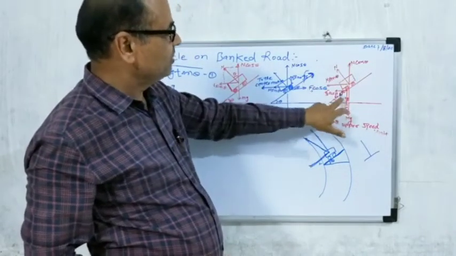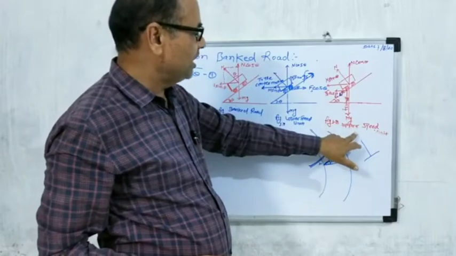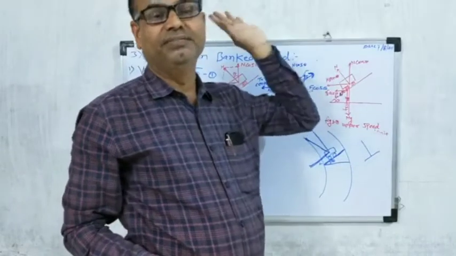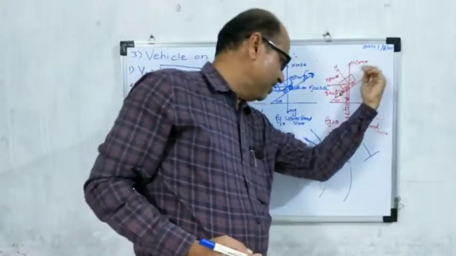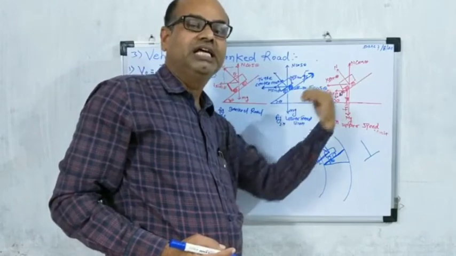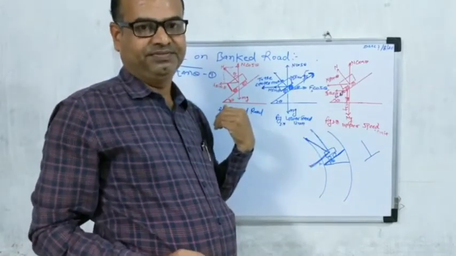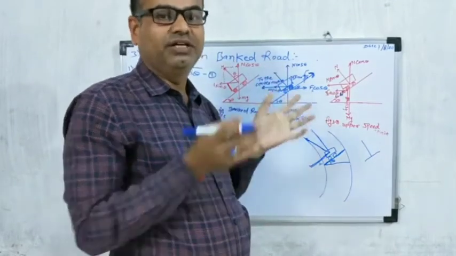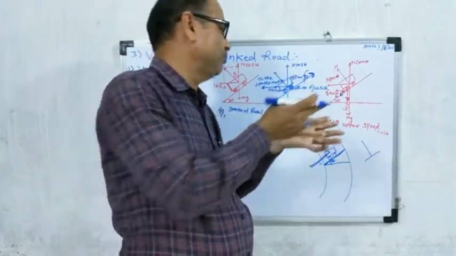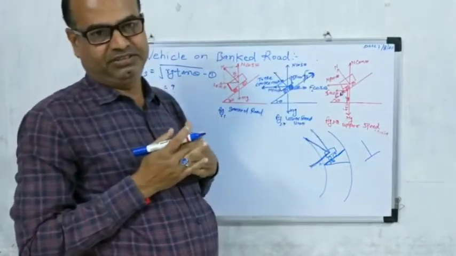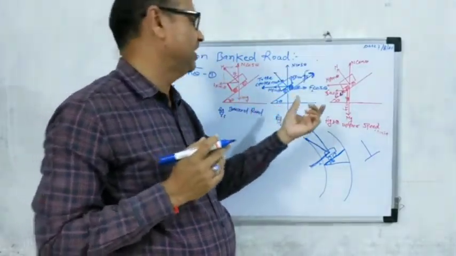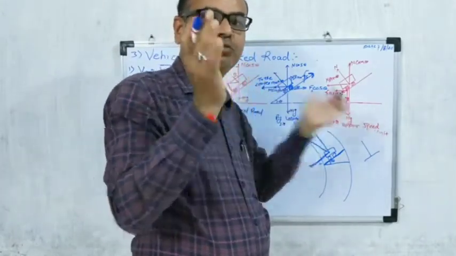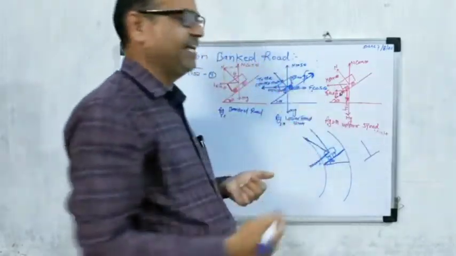This figure shows the car moving at a higher speed, the upper limit of speed. The frictional force acts in the downward direction. The normal reaction is also divided into two components, N sin theta and N cos theta, in the downward direction.